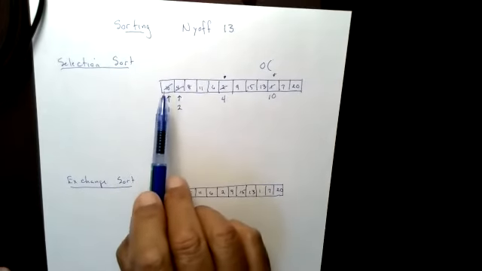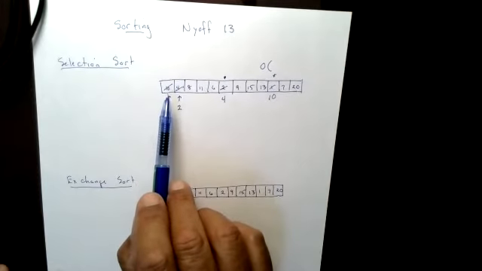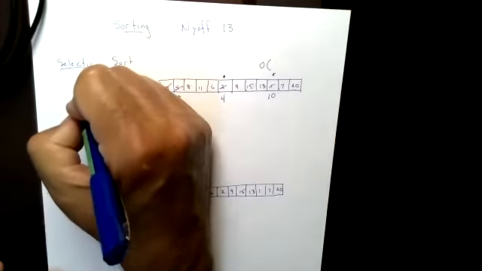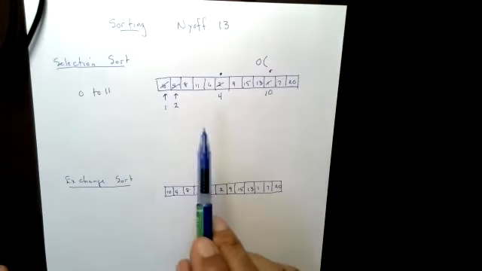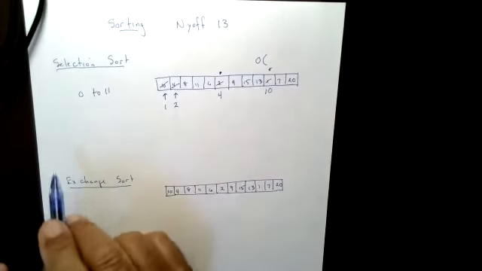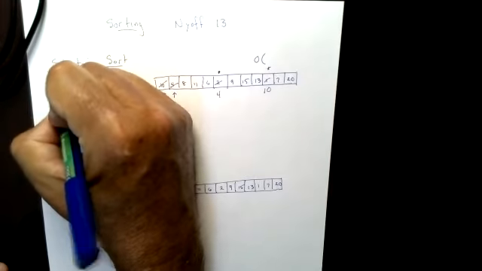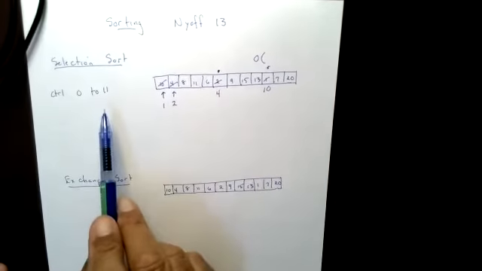So I had an outer loop that went from 0 to 10, and an inner loop that went from 1 more than what the first loop currently is, out to 11.